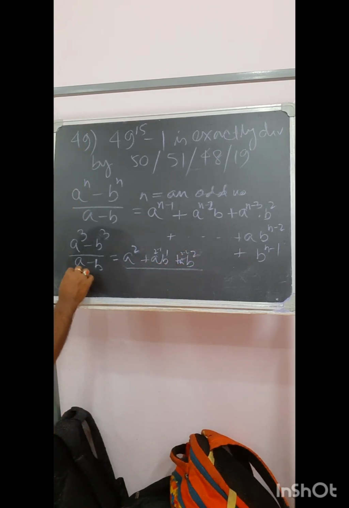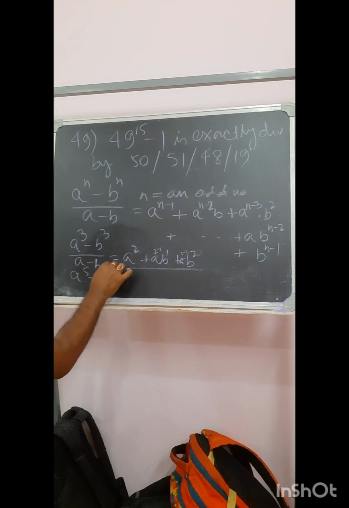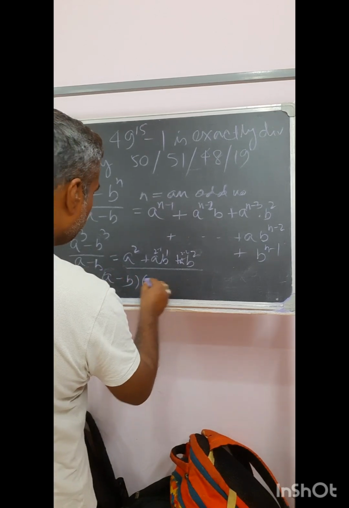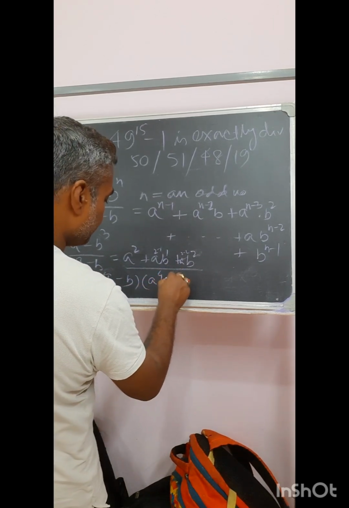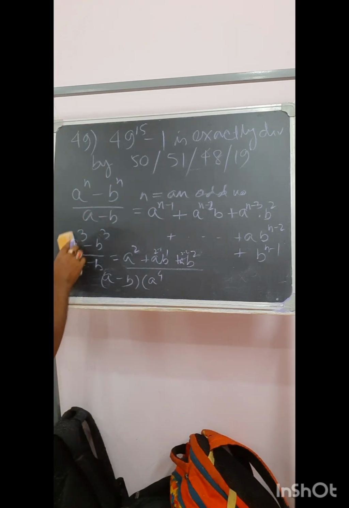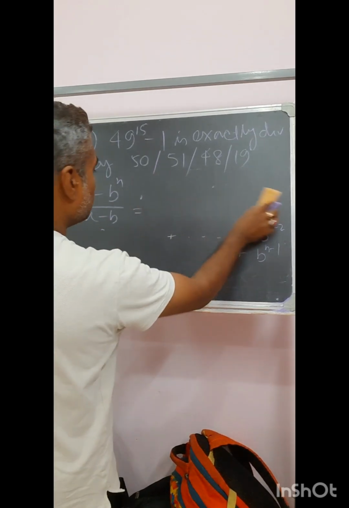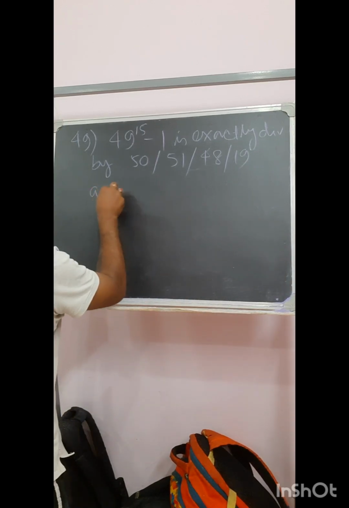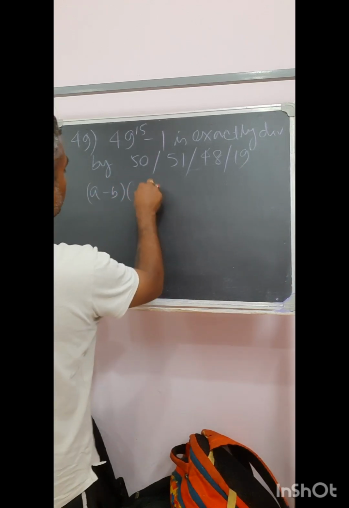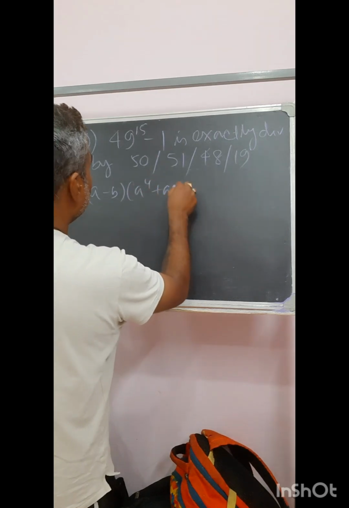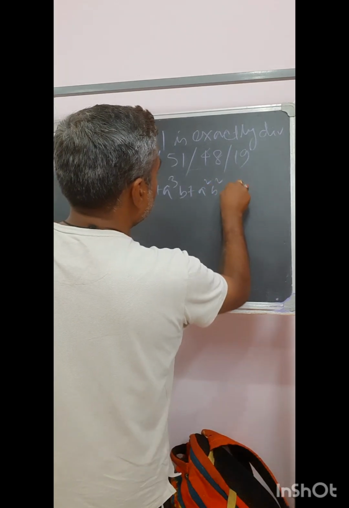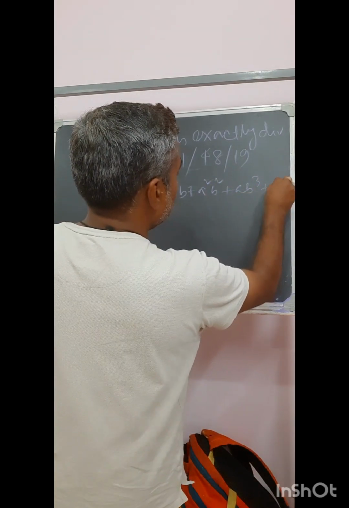With that similarity, for a to the power 5 you will not get a direct formula, but let me multiply a minus b by a to the power 4 plus a cube b plus a square b square plus a b cube plus b to the power 4.